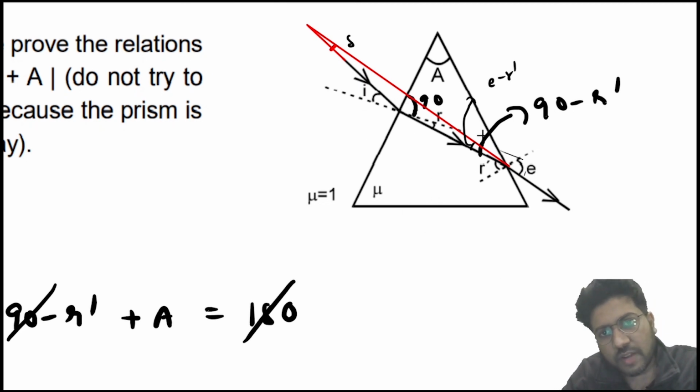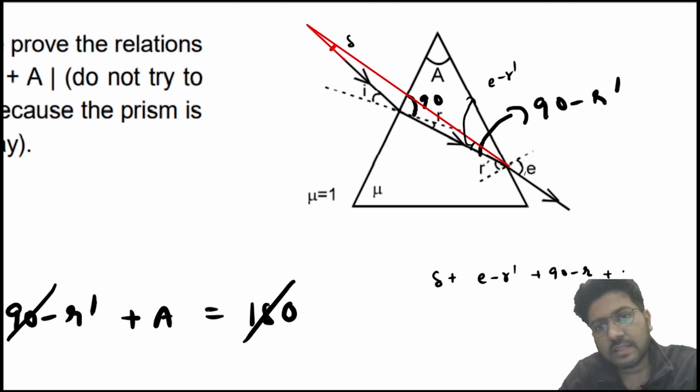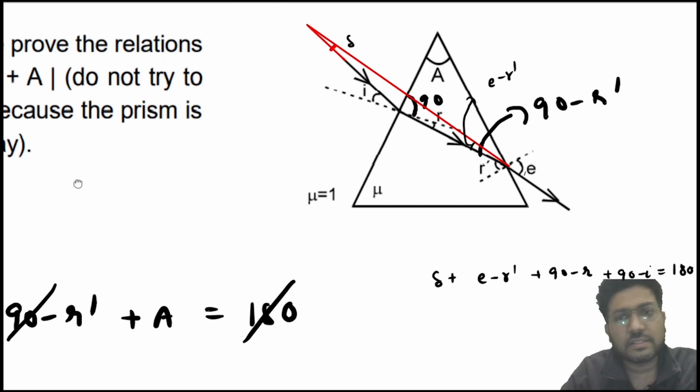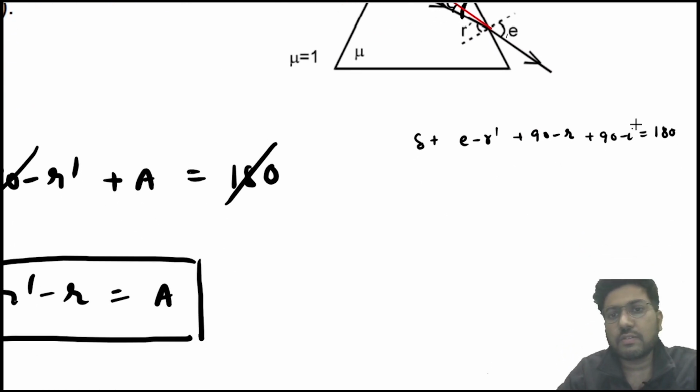So from this triangle I will write delta plus E minus R dash plus 90 minus R plus 90 minus I has to be equal to 180 degrees, because the sum of angles of a triangle is equal to 180 degrees.